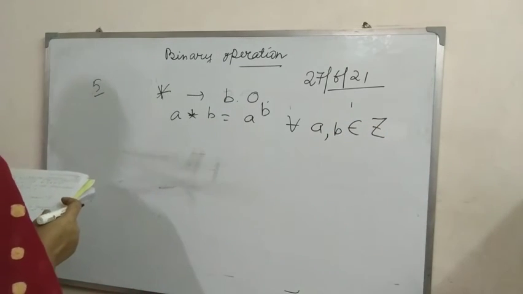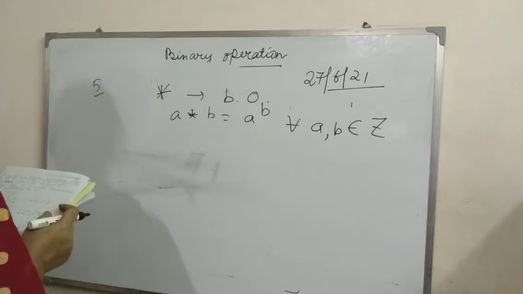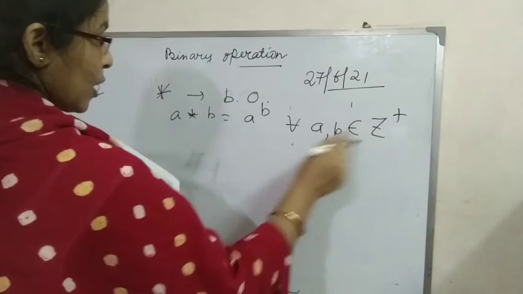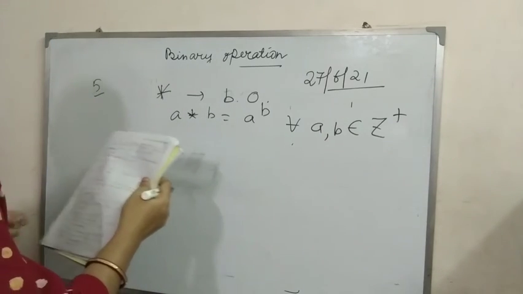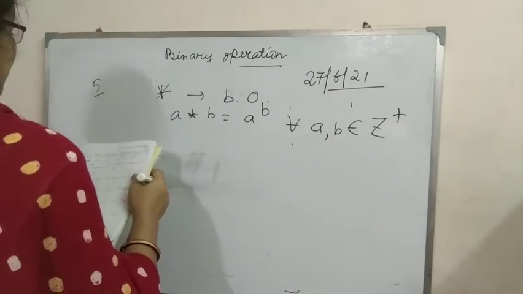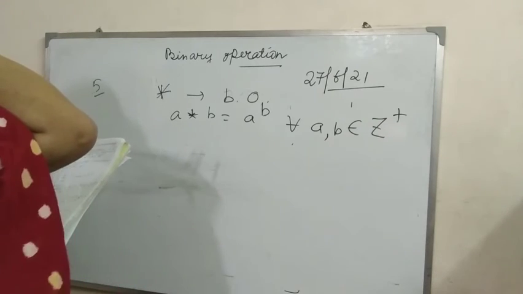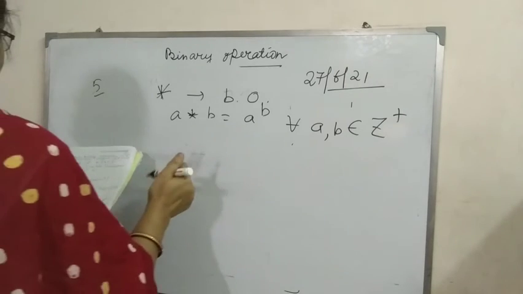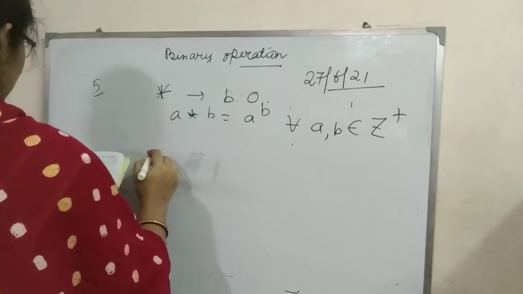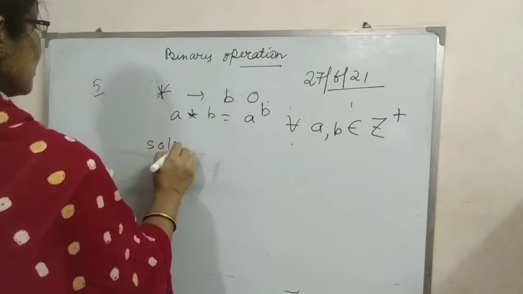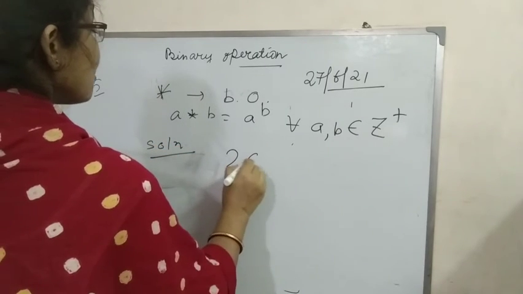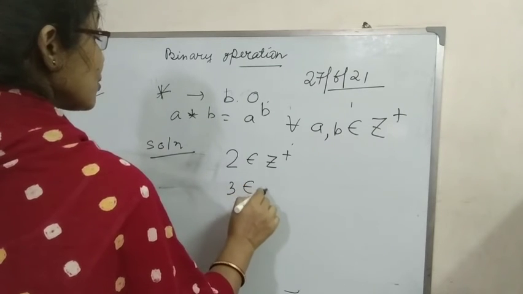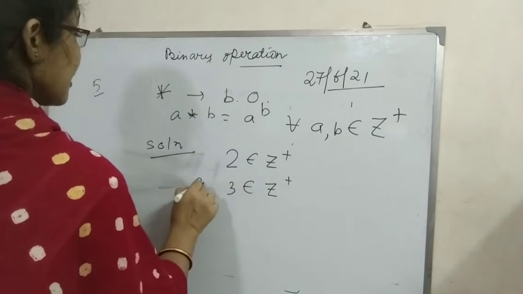Prove that the operation is neither commutative nor associative on Z plus. If I have solution, 2 belongs to Z plus, 3 belongs to Z plus.